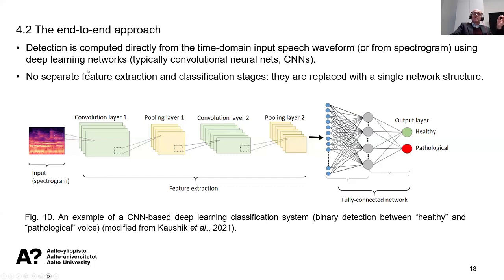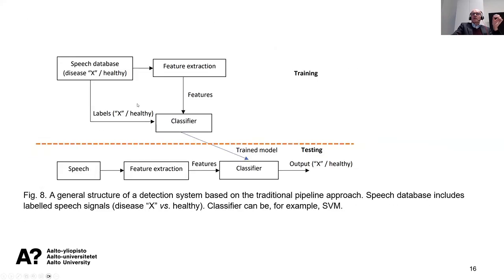The speech signal, which is in the time domain, is typically converted into a spectrogram. And then that spectrogram is filtered by a range of different neural nets, which are trained as one unit, one block, rather than having separate feature extraction and classifier.